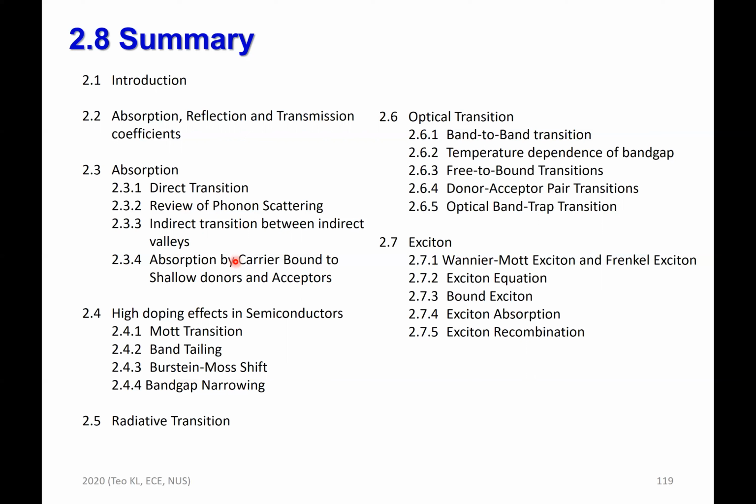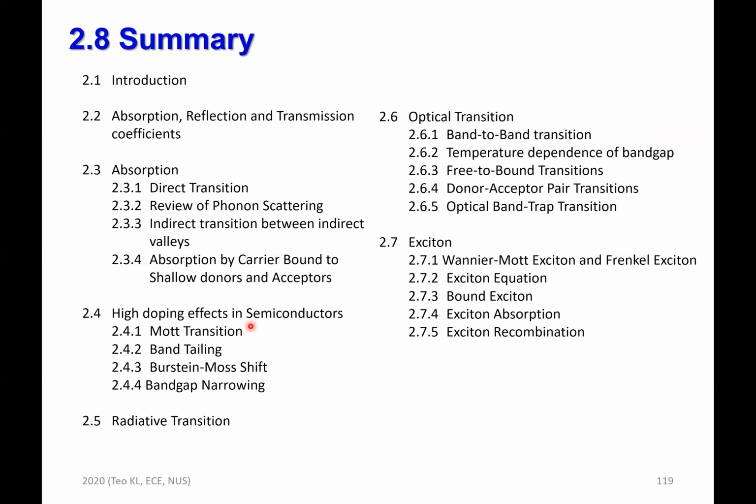Absorption by carriers bound to shallow donors and acceptors: that is the transition between the shallow donor and the conduction band, and also the transition between the acceptor and the valence band. From this absorption, you also can calculate the ionization energy of the donor and the acceptor by measuring the optical absorption instead of measuring the transport property.